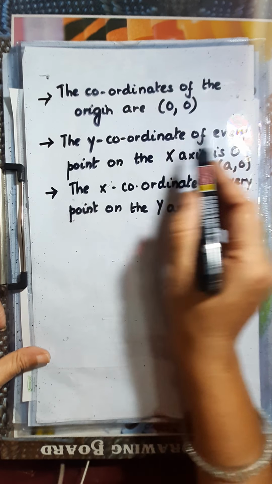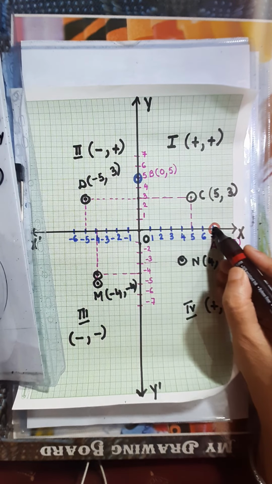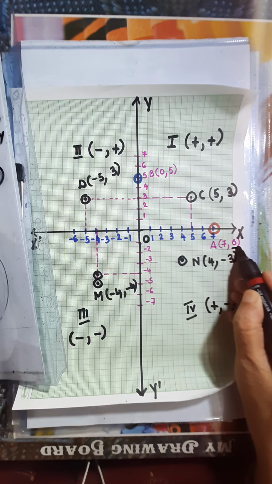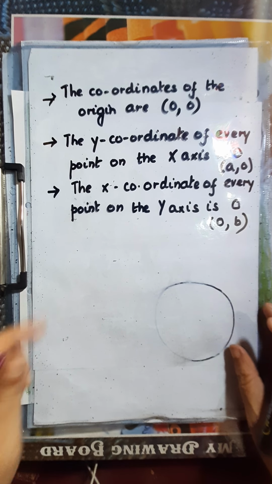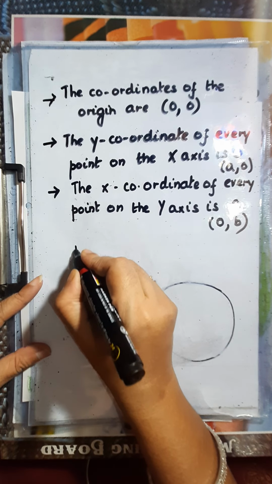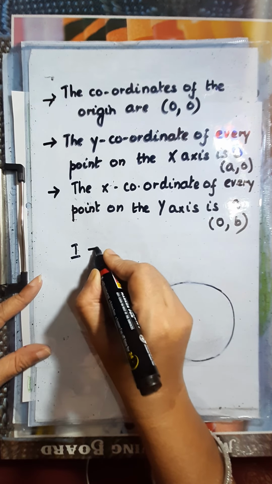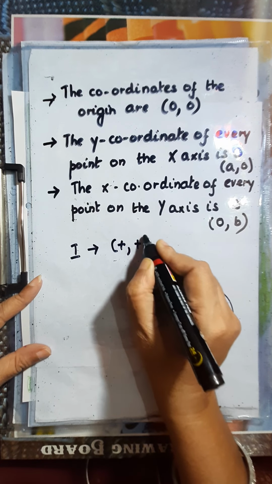The y coordinate of every point on the x-axis is 0. So if it's on the x-axis, the y coordinate is 0. The x coordinate of every point on the y-axis is 0. To write it again, in my first quadrant you will have plus and plus.